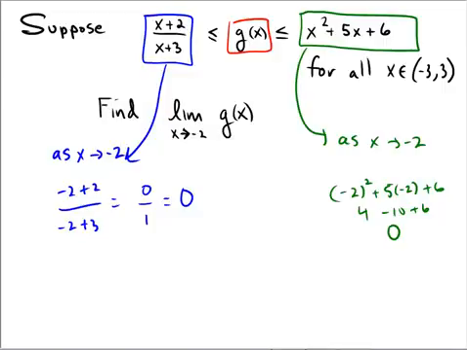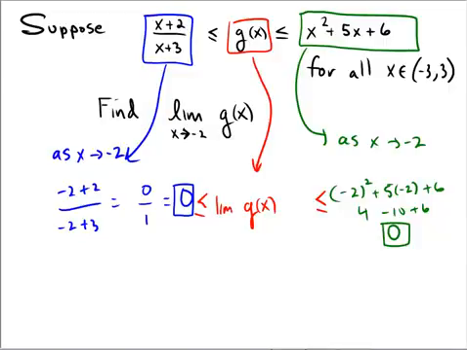So now notice that the g(x) function is located in between these two functions, and the function over here limits towards 0, and the function over here limits towards 0. So therefore we can conclude that even though we don't know what g(x) really does in general, the limit as x approaches -2 of g(x) must be equal to the number 0, because it got squeezed between 0 and 0.